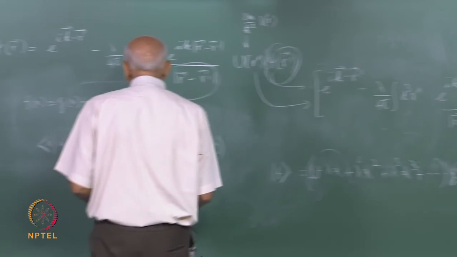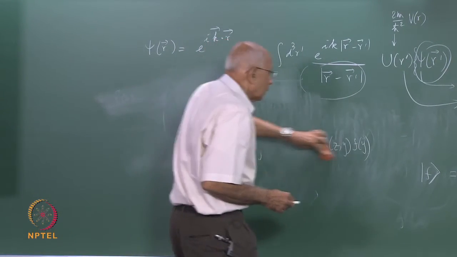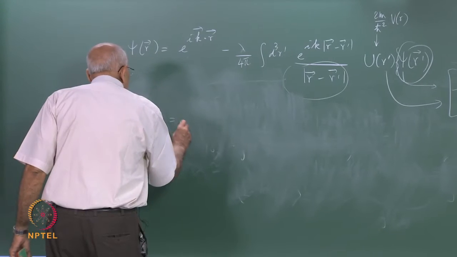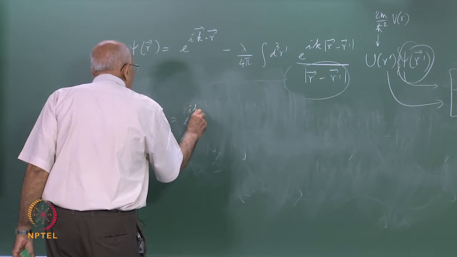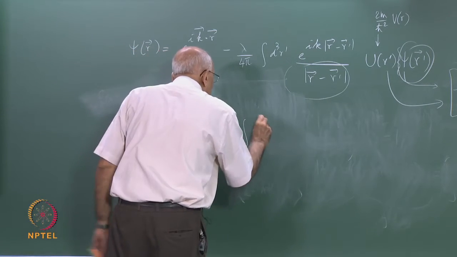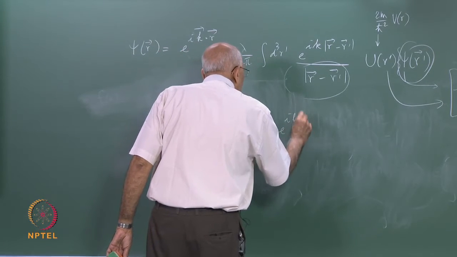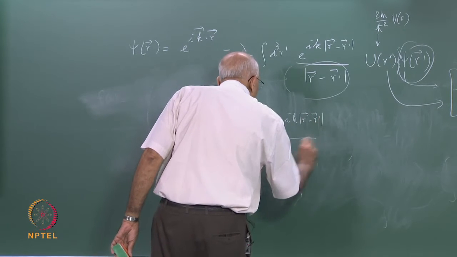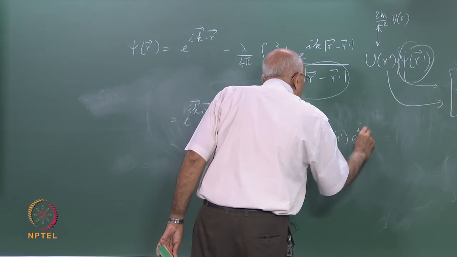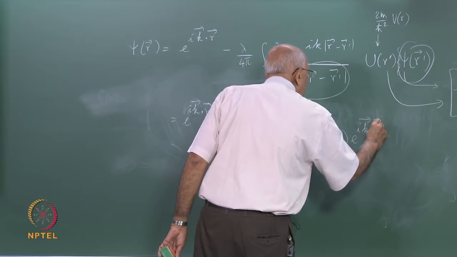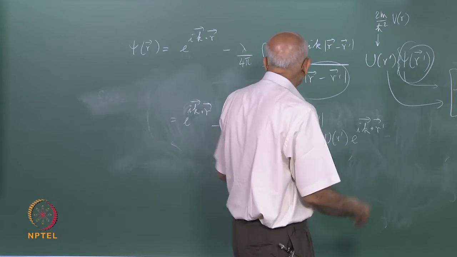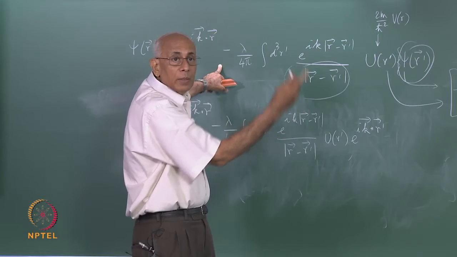So this means that your solution is an infinite series which converges for sufficiently small lambda, and it looks like this: e to the I k dot r minus lambda over 4 pi integral d3 r prime e to the I k mod r minus r prime over mod r minus r prime u of r prime e to the I k dot r prime. k is the initial wave vector, and then the next term is minus lambda over 4 pi the whole squared, right.